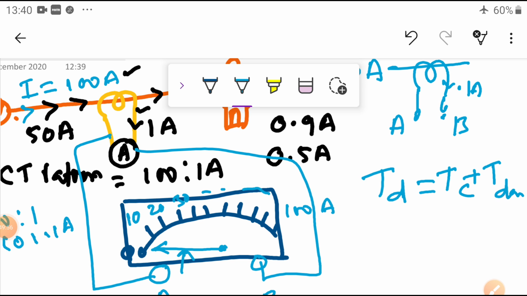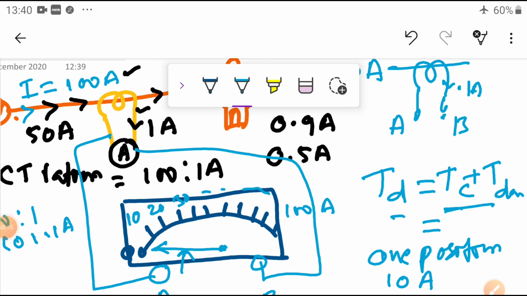Once the deflecting torque and controlling torque values are equal, the pointer will stabilize at one position. What is that position? It indicates that it will stabilize at 10 amperes.